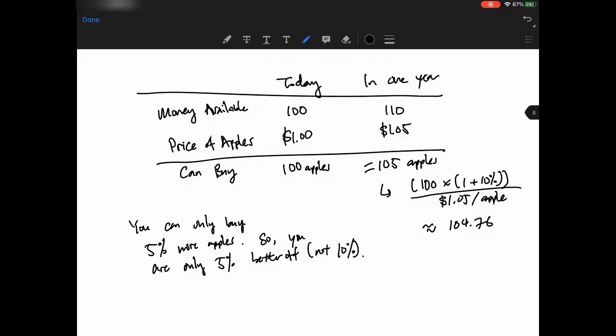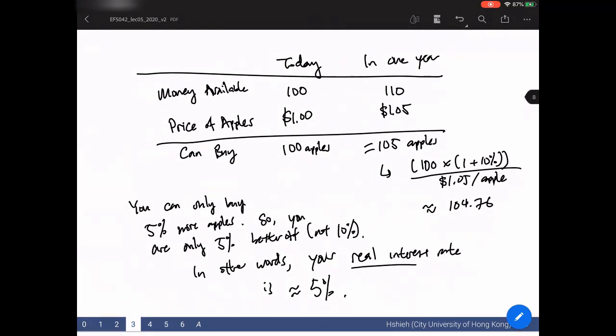In other words, which is our final most important conclusion, your real interest rate is approximately 5%, not 10%. So in this context, the real interest rate is simply the nominal interest rate after we adjust it for inflation, or the change in prices over time.